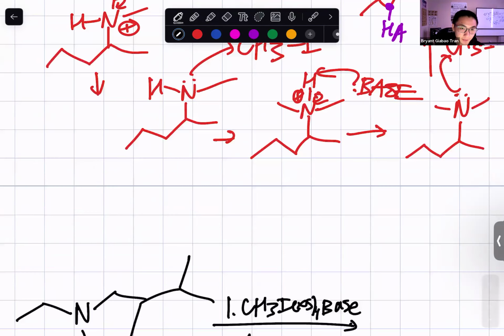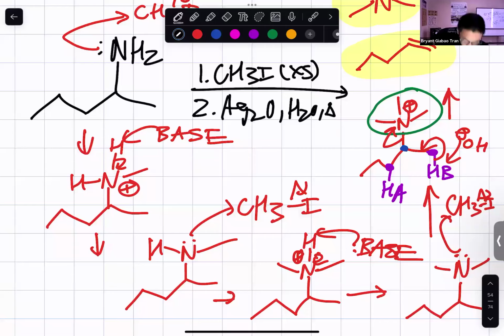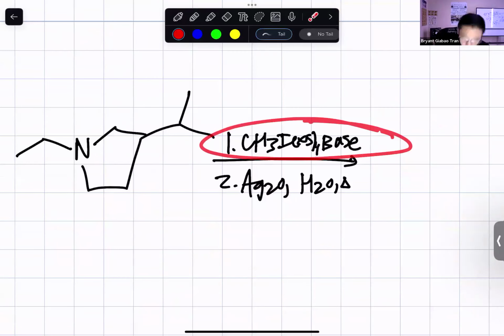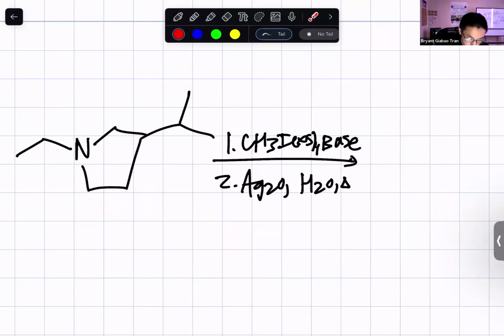In the first step, our goal is to over-methylate, or over-alkylate, the nitrogen to give it a positive charge. Once that nitrogen gains a positive charge and can no longer get deprotonated, we move on to the second step and do the Hofmann E2 reaction. I first locate my alpha carbons, the first carbon attached to the nitrogen.